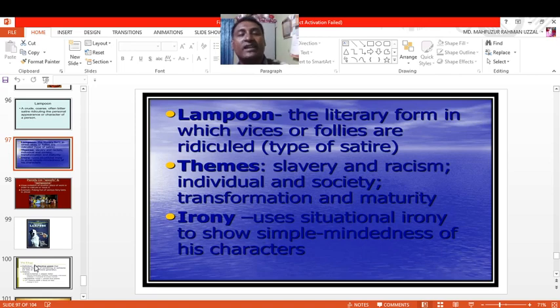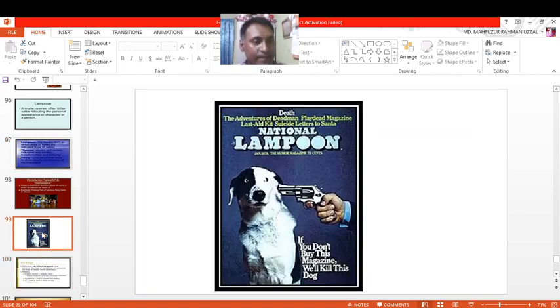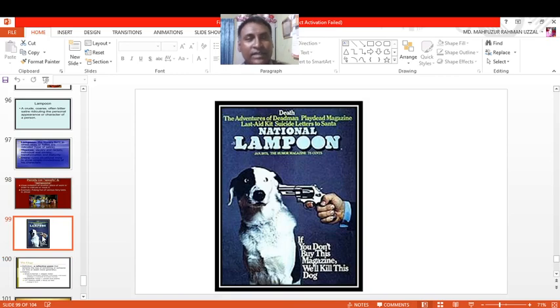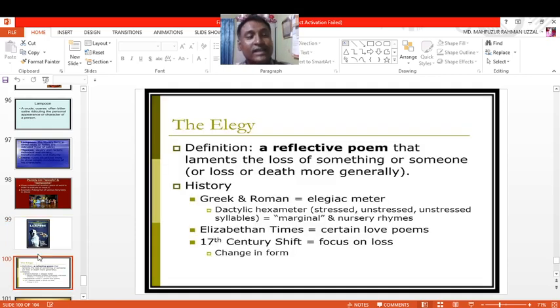Themes: slavery and racism, individual and society. Here is an example: if you don't buy this magazine, we will kill this dog. Example of lampoon.